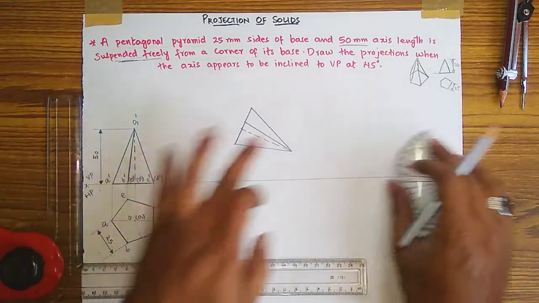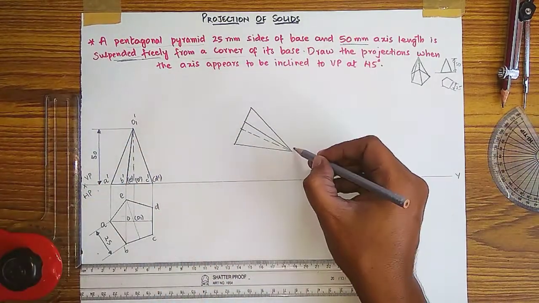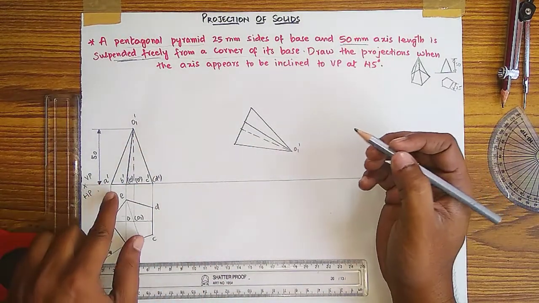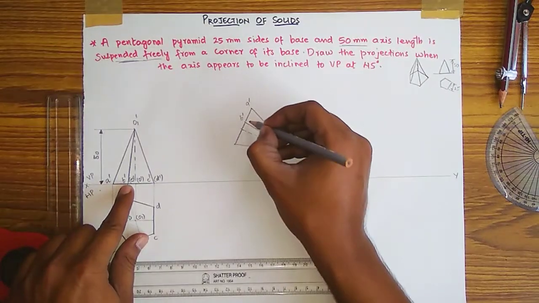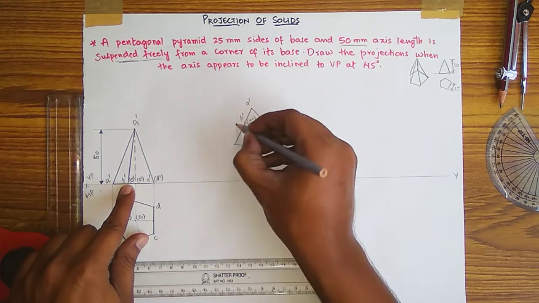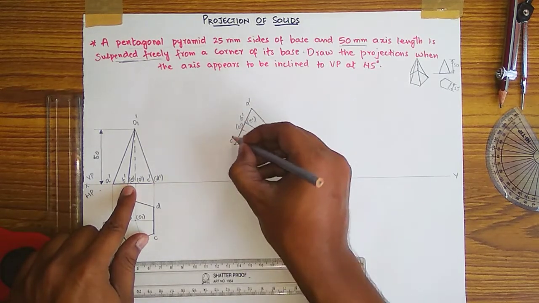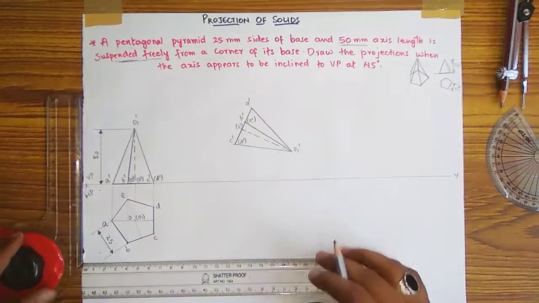Okay, now the same pyramid I have copied, and the same labeling we have to do: O1 dash, and this one is A1 dash, A dash, B dash, in bracket E dash, in bracket O dash, C dash, in bracket D dash.